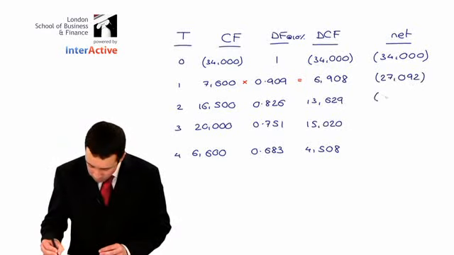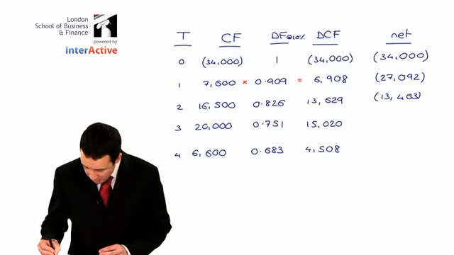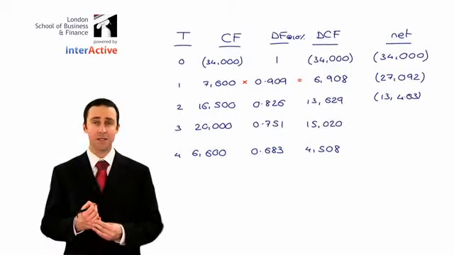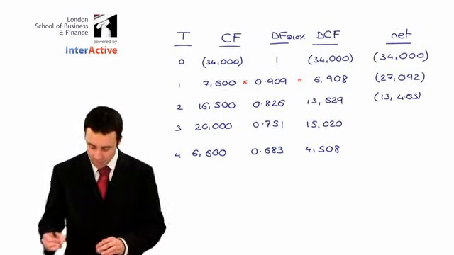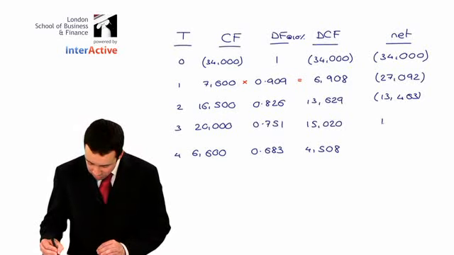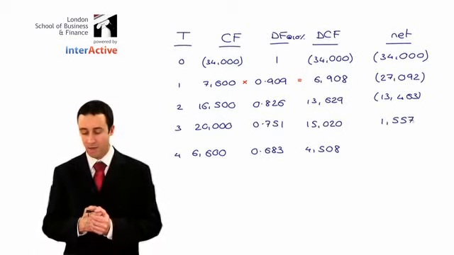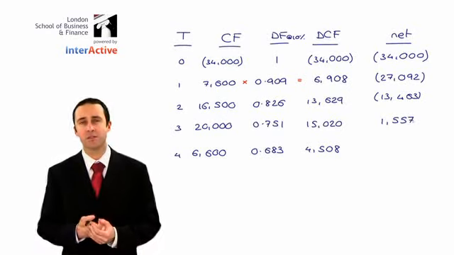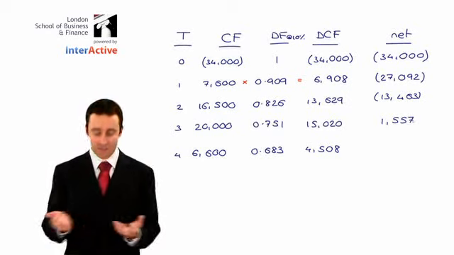As we progress onwards, we've got then 13,463 as we receive a discounted 13,629 at T2. And then in year 3, when we get that discounted cash flow of 15,020, gives us a net 1,557.